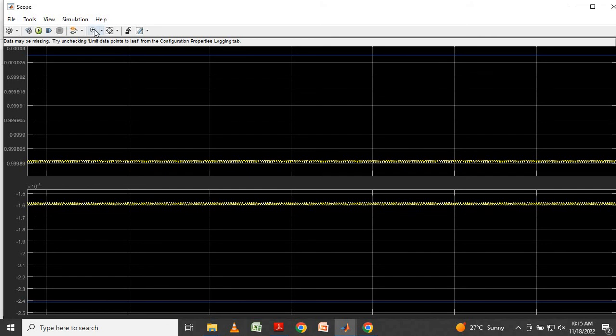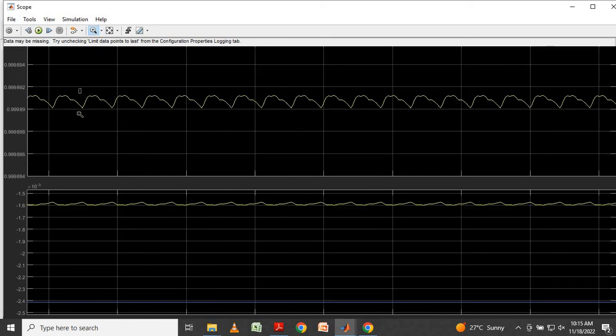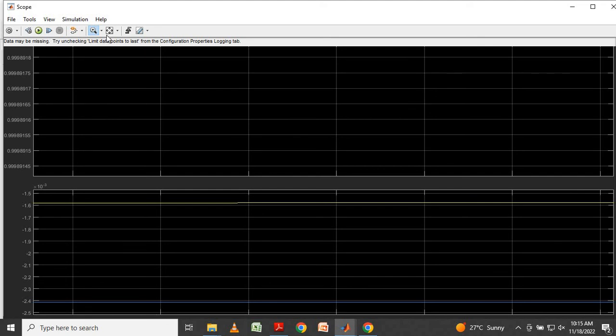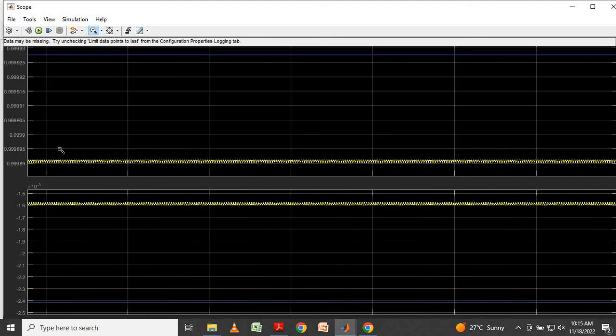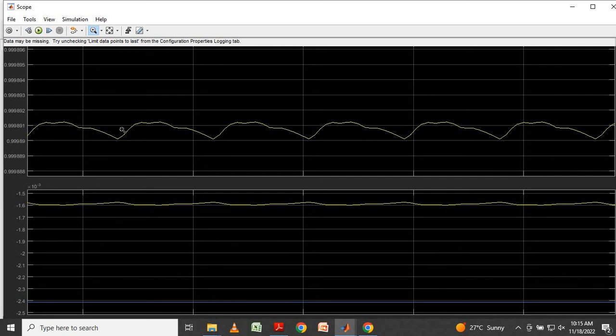Okay, now this is the output waveform. Now we have to check the output waveform. Okay, now these are the waveforms we have to check here. Okay, now this is the output waveform.